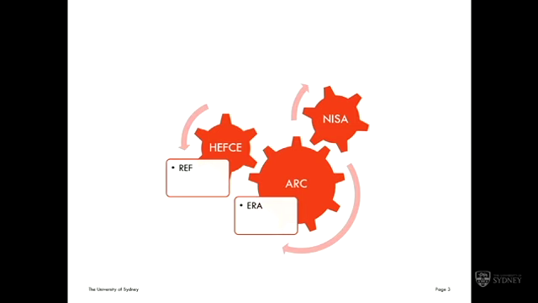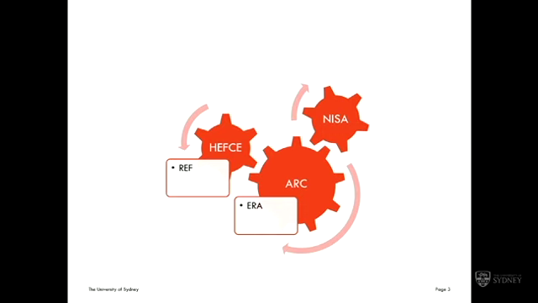NISA, National Innovation and Science Agenda, which is a government initiative which was launched in 2015 and announced that the first research evaluation exercise that includes impact will be in 2018. HEFCE, H-E-F-C-E, that is the UK public body responsible for distributing funding to universities, so slightly more high level than the ARC, but a very similar type of organisation.